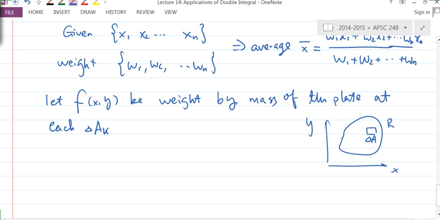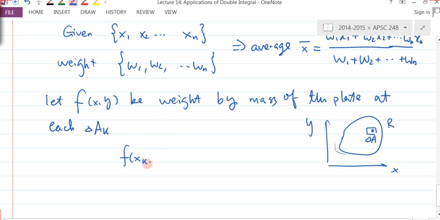We denote that as delta A, and this function f of x,y is defined within this region R. So now we're going to weight this function f.